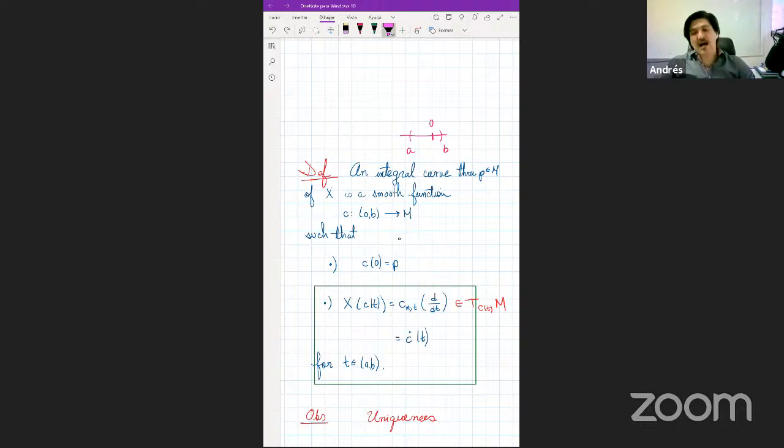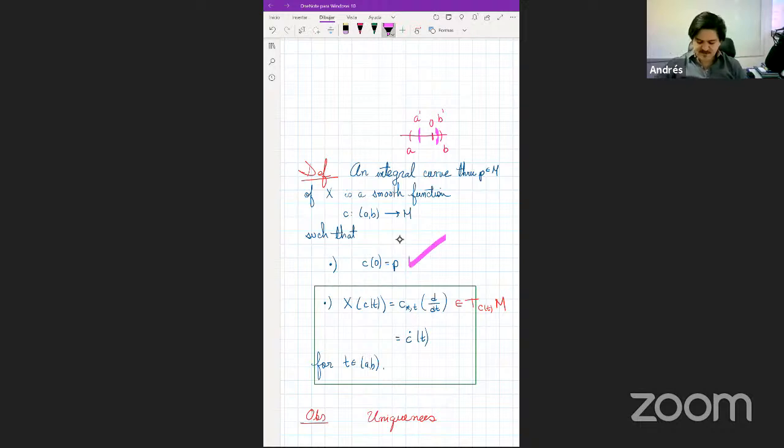So assume that you have that function. It doesn't have to be unique in the sense that maybe I can take a smaller domain, A prime and B prime. That's also going to be a function, it's just the restriction.